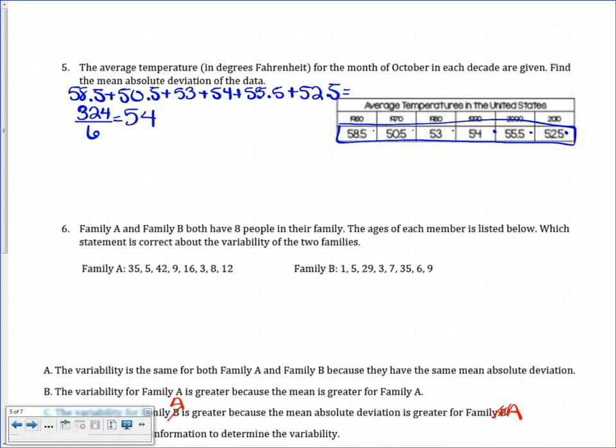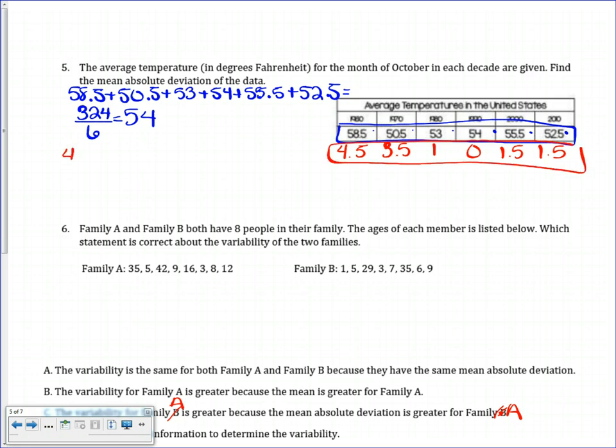Now that we know the mean of our data, we have to go through and find the difference between the mean and our data points. So 58.5 minus 54 is 4.5. 50.5 minus 54, 3.5. 1, 0, 1.5, and 1.5. And then average those data points.